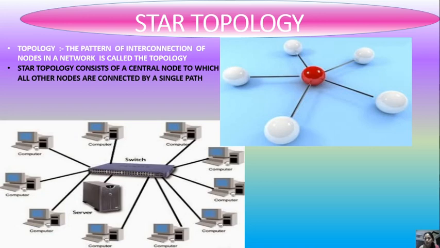That server is a central node, and it is connected with all other PCs in a star pattern. So the concept is that star topology consists of a central node, or a server, to which all other nodes, meaning all other PCs, are connected by a single path, one dedicated path, one dedicated cable.